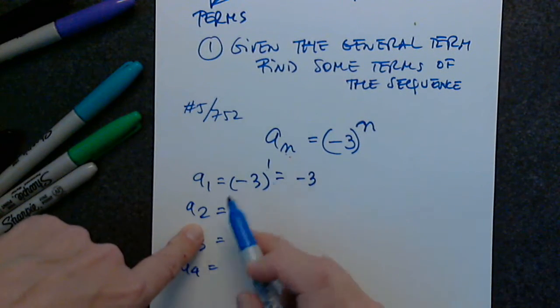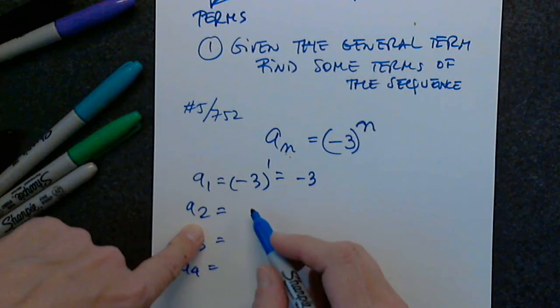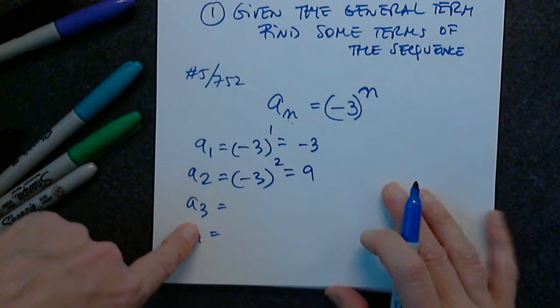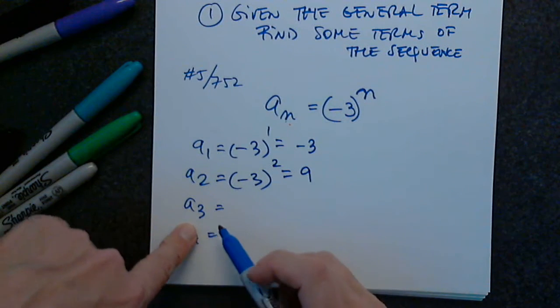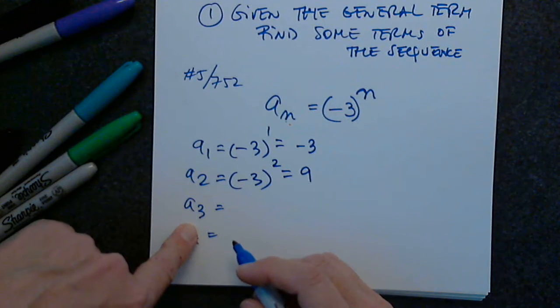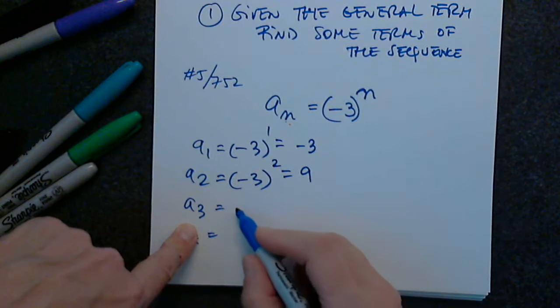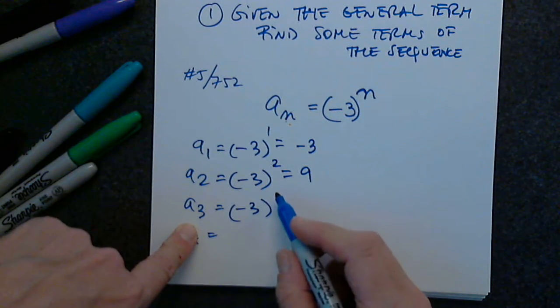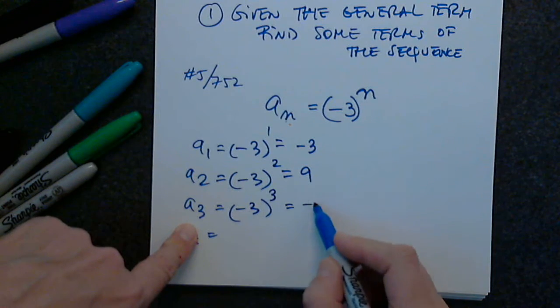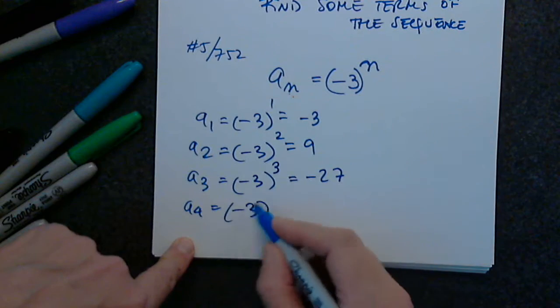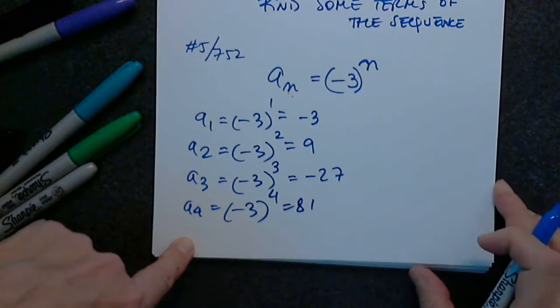It means that n is 2. So (-3) to the second power is 9. What does the next one mean? It means (-3) to the third power, which is -27. And finally, (-3) to the fourth, which is 81.